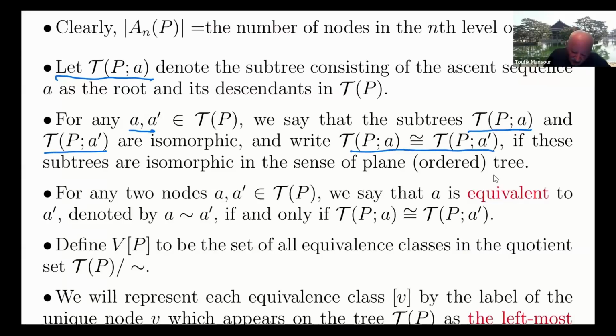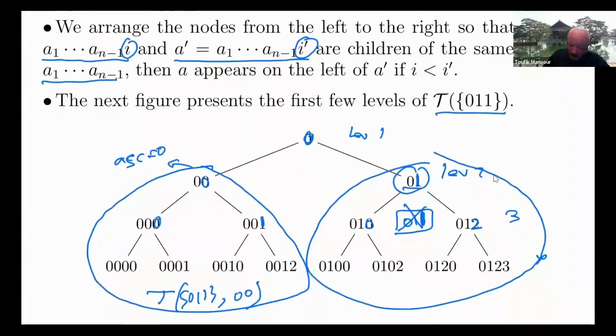Why did I use order? Actually, ordering is not important. For example, take this tree with children 1, 2, 3 and this tree with 1, 3, 2, and here 0, 0. These two trees are not isomorphic as ordinary ordered trees.